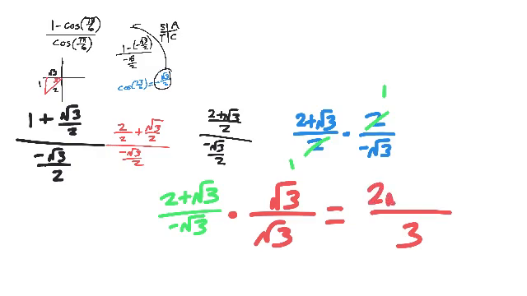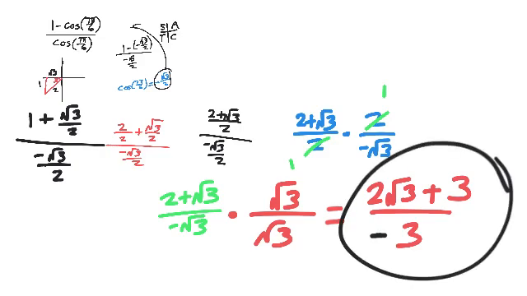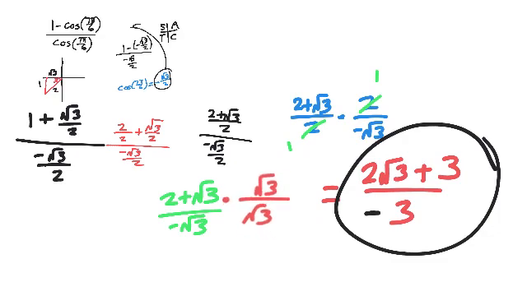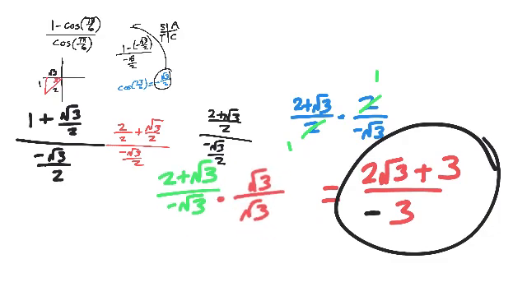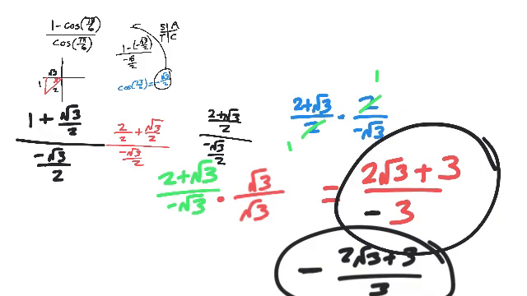So that's going to be 2 radical 3 plus radical 3 times radical 3, which is just 3. And don't forget there was a negative down here, which I almost did forget. So this could be a final answer. But we normally don't put the negative in the denominator, so I would pull the negative out in front. So negative 2 radical 3 plus 3, all over 3, would be the way I would write that. So yeah.